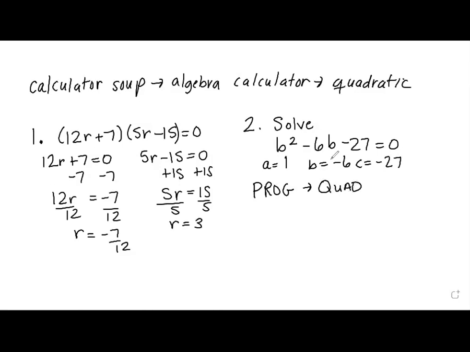So I don't have the other ones on my fat calculator. So you want to find the program that says quad, and you want to hit enter. And when you do that, it's going to say, what is A? Well, you're going to say it's 1. What is B? You're going to say -6. What is C? You're going to say -27.